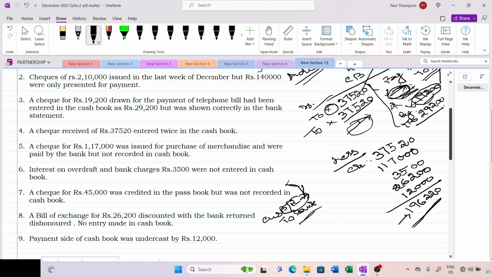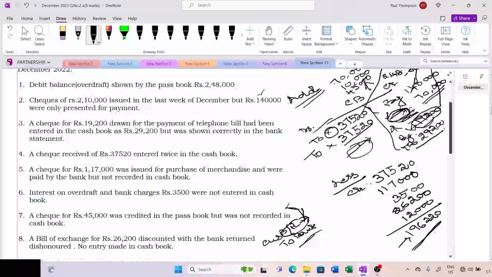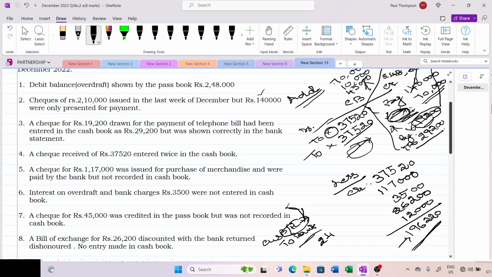To this amount, you are reducing your overdraft, and you are increasing your overdraft by 70 plus 10 plus 45. What is it? 80 plus 45 is 1,25,000. What is your balance? 2,48,000. I am writing it rough here.